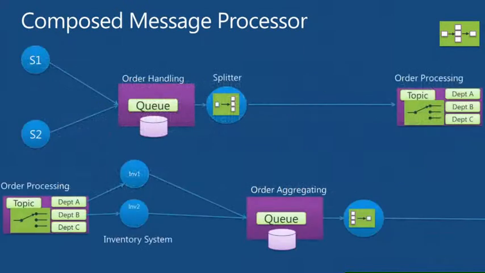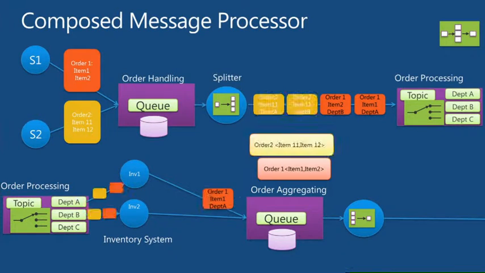So then, of course, you can compose all those things. So you can, for instance, have order handling, where you get data from the separate sources, integrate them using the session feature into a queue, where you have all that data flowing in. Then you have a splitter that sits behind this, and then you send that into order processing. So you can take all these individual patterns and put them together to make more complete systems.